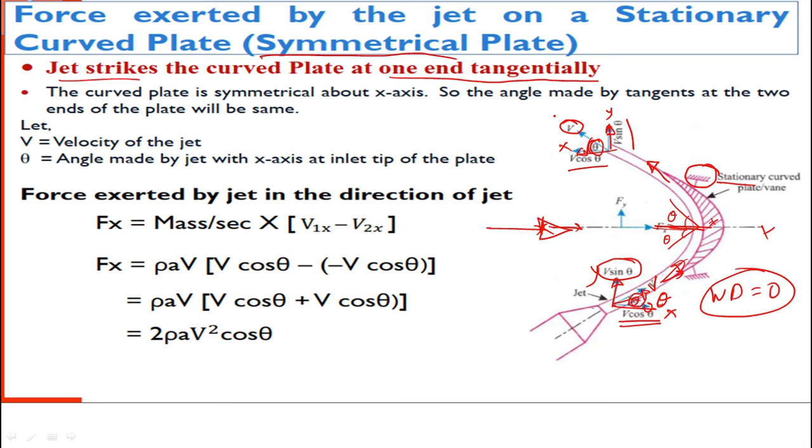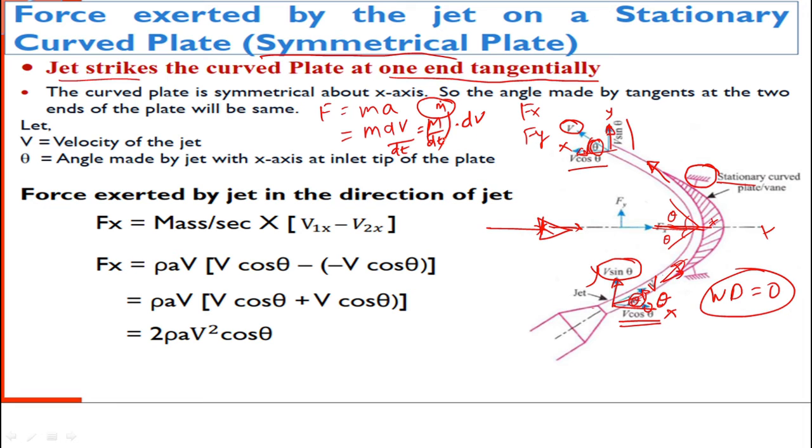Now we have to find the force acting in the x direction and the force in the y direction. By Newton's second law, F is equal to m into a, mass into acceleration. We can split this into m dv upon dt, that is m upon dt into dv. m upon dt means the mass flow rate, m dot, that is how many kg of water passes through this plate per second.